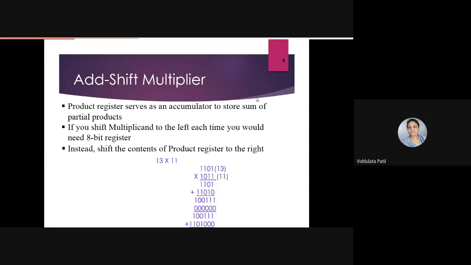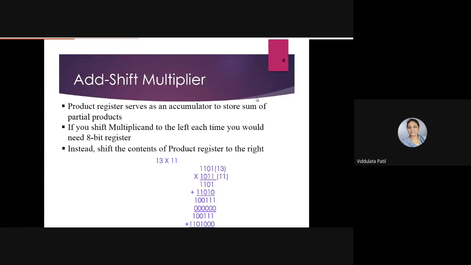Here I have once again shown whatever we have done with this multiplication. This is the same problem that we are going to consider, 13 multiplied by 11, which we represent in 4 bits, and then we perform the multiplication using the add and shift multiplier. Here the product register serves as an accumulator to store the sum of partial products, and if you shift the multiplicand to the left each time you would need an 8-bit register.